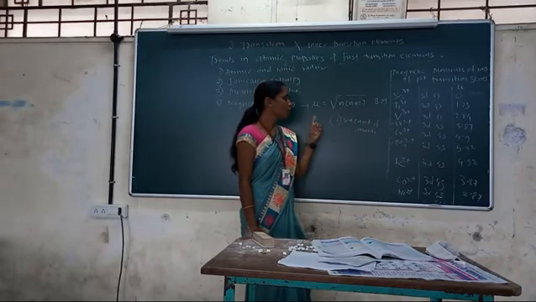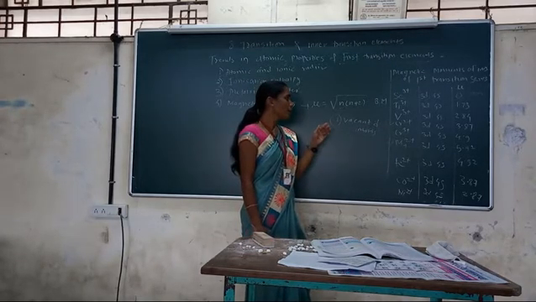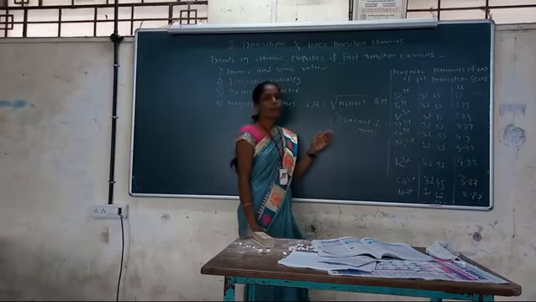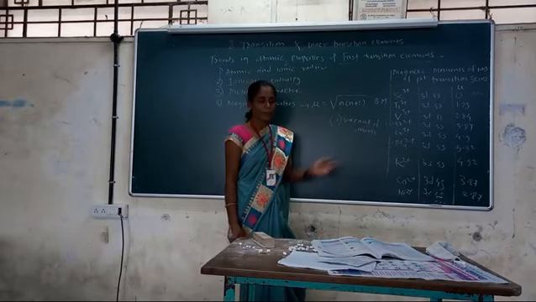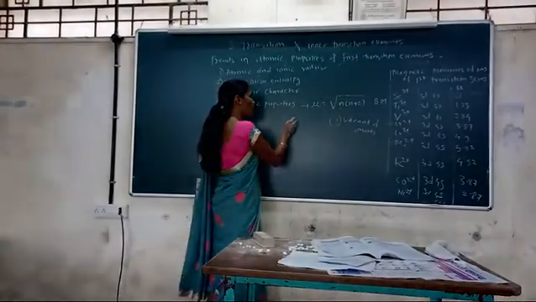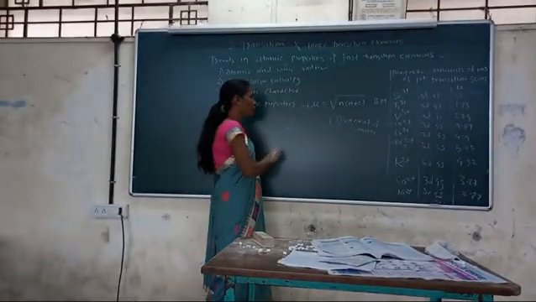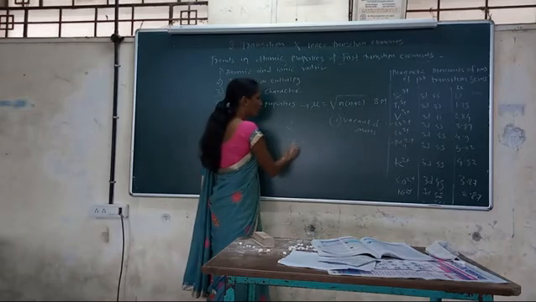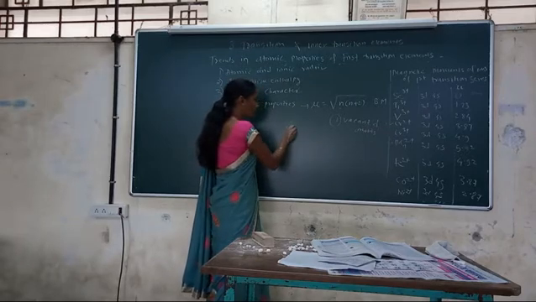If the number of unpaired electrons in the d orbital is zero, meaning no unpaired electron, then it is diamagnetic in nature.